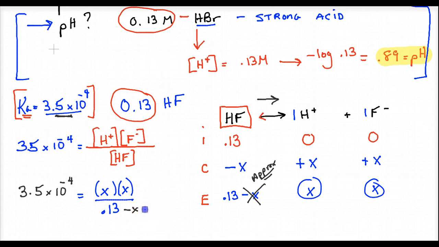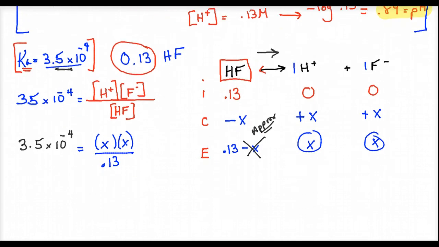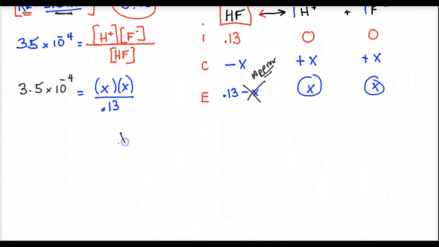We're going to say that this little negative x is insignificant compared to this big number. Therefore, there's no need to go through all of that. So we solve this. x squared equals 3.5 times 10 to the negative 4 times 0.13. Bad planning on my part.